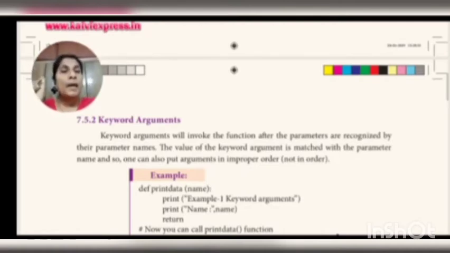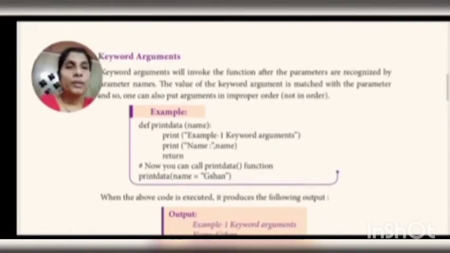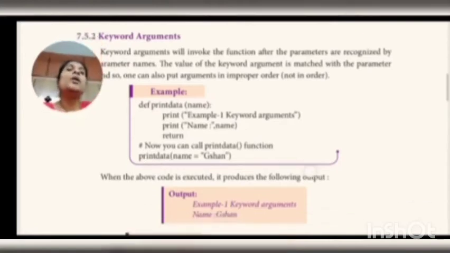Like that, parameters will be given the related arguments in the function call. The values can be given in any order. That is, first, second, third, we can give as third, second, first also. We can change the order of the arguments. That is the case with keyword arguments.